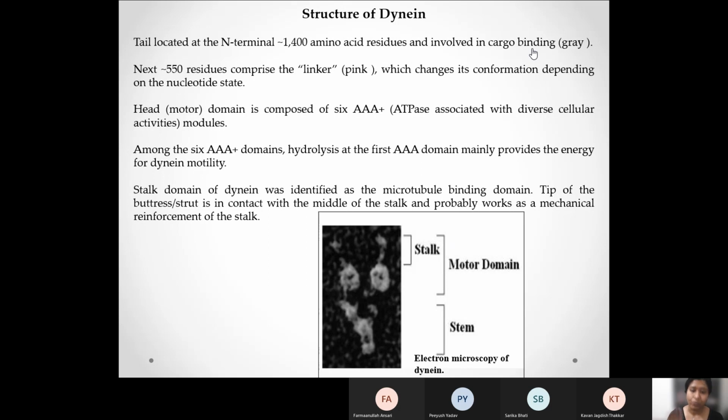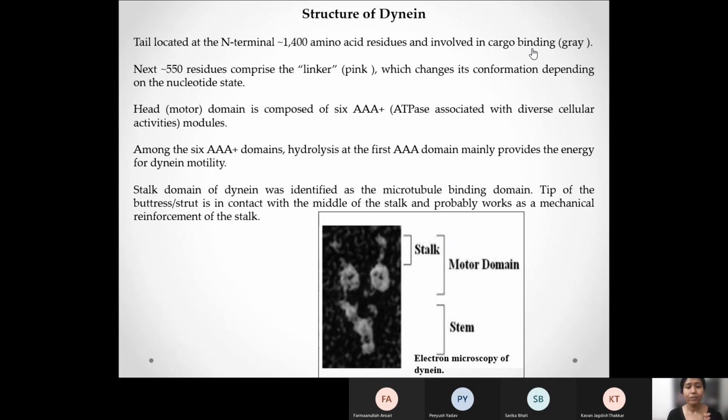AAA3, if you mutate that, you slow down the dynein, but you do not kill the dynein function. So if you want to create a dominant negative kind of mutation, or say a defective dynein, you would target AAA1, not AAA4, 5, or other AAA subunits, subdomains, but the AAA1 subdomain.